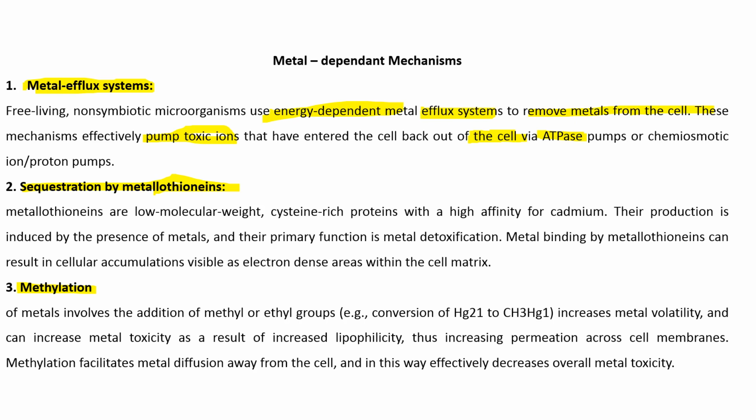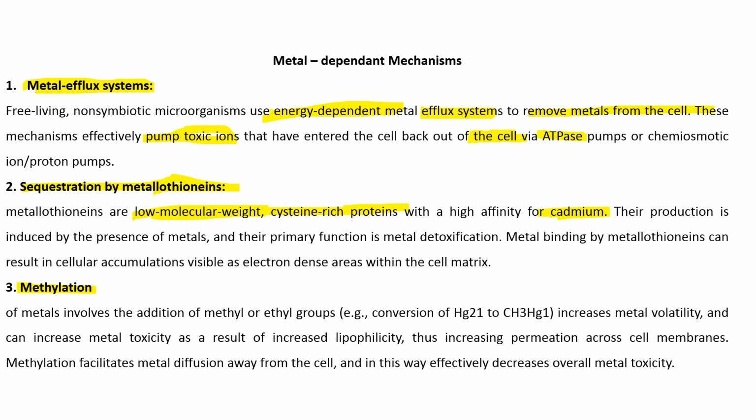The next process is sequestration by metallothioneins. Metallothioneins are low molecular weight cysteine-rich proteins, and these proteins are very specific to cadmium. Once the cadmium is transported across the plasma membrane into the cytoplasm, this induces the production of metallothioneins.